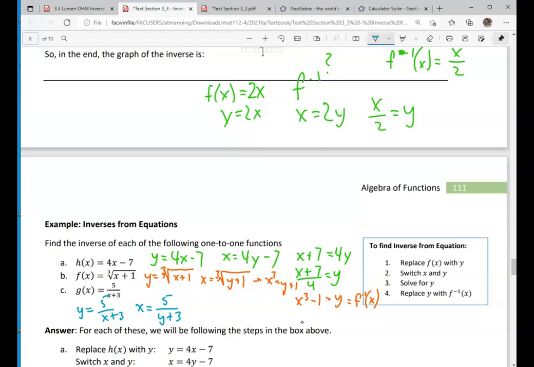So multiply both sides by y plus 3. So y plus 3 times x equals 5. Now I can divide everything by x to get y plus 3 by itself. I could have done it in one step, but I'll do it in 2 steps just to make it very clear. Y plus 3 equals 5 divided by x.